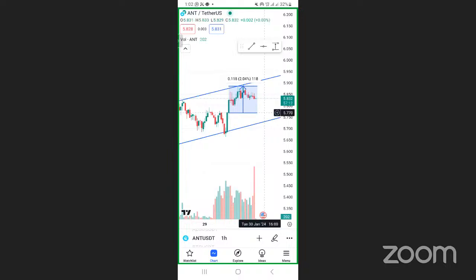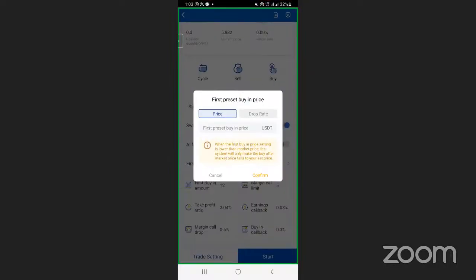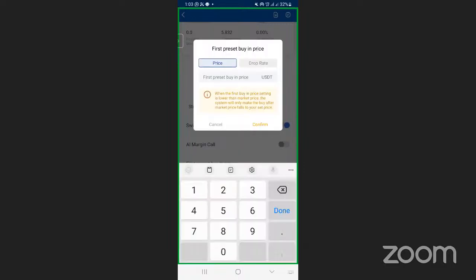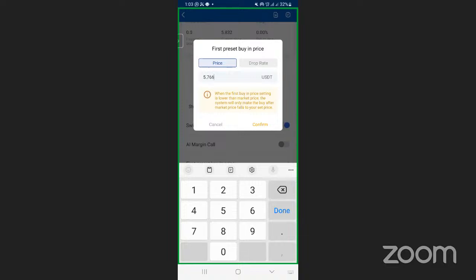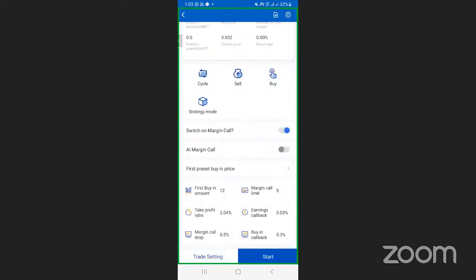In case you want to preset the first buying price, sometimes we tell you buy current price, sometimes we tell you preset. I think 5.766. So you tell your robot 5.766. So you confirm, and after confirming, you place the start.